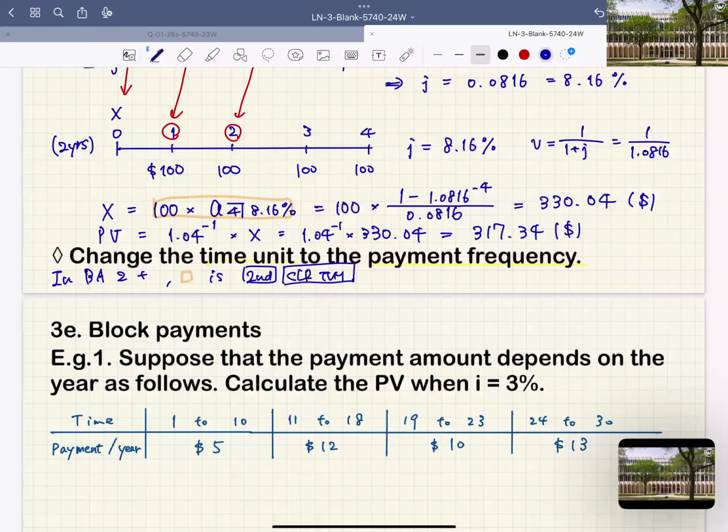Then you push 4 N, interest rate 8.16 I over Y, and payment is 100, then make it negative, then compute present value.